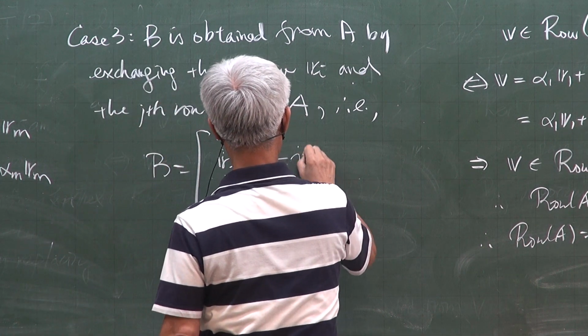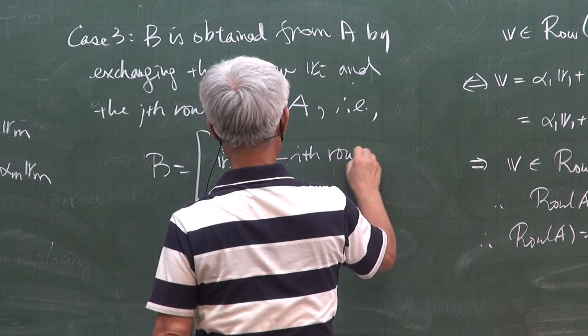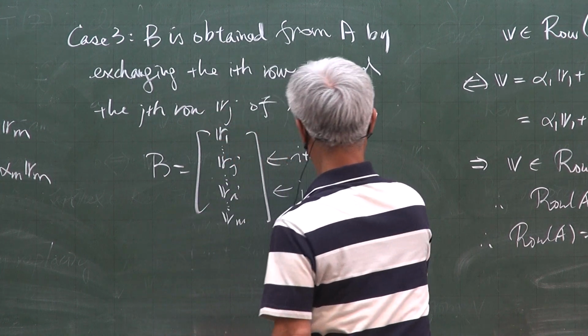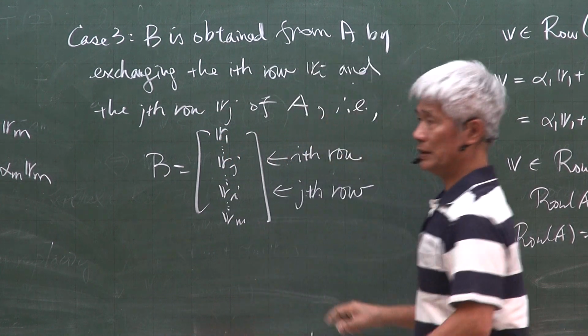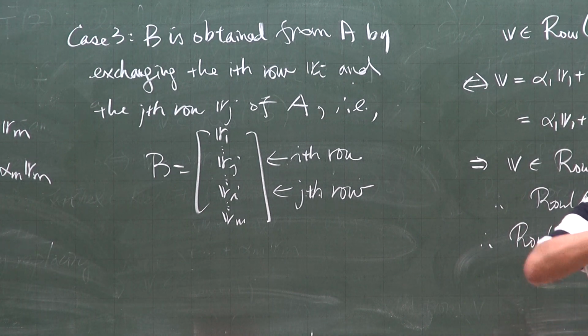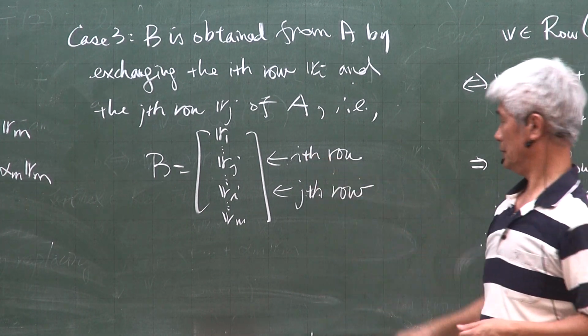Here is the ith row, here is the jth row. So we exchange the ith and jth row of A to obtain the B matrix.